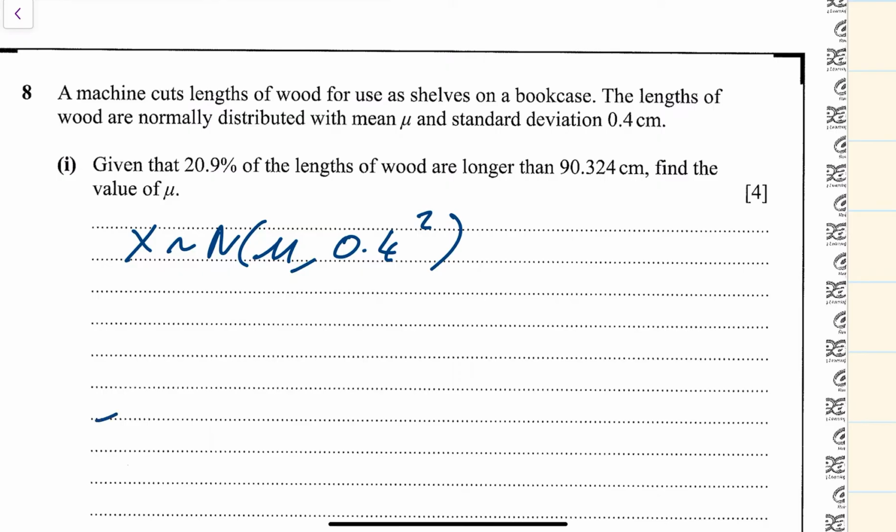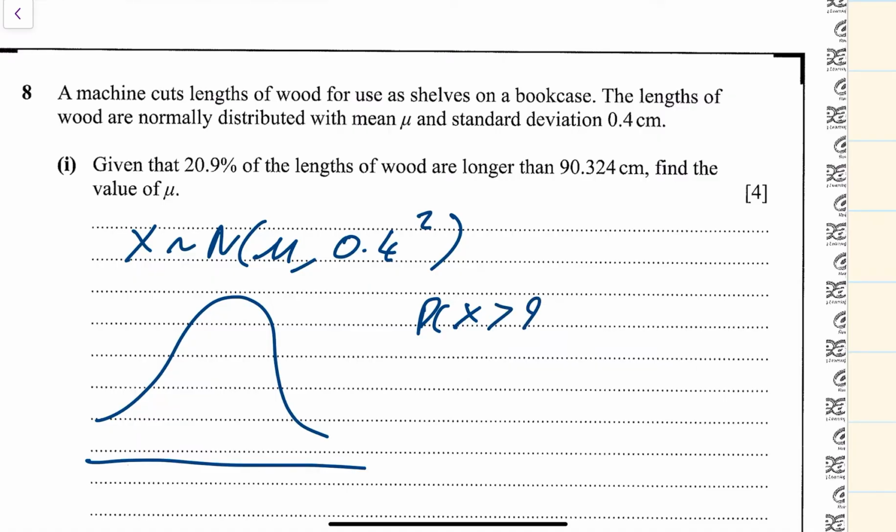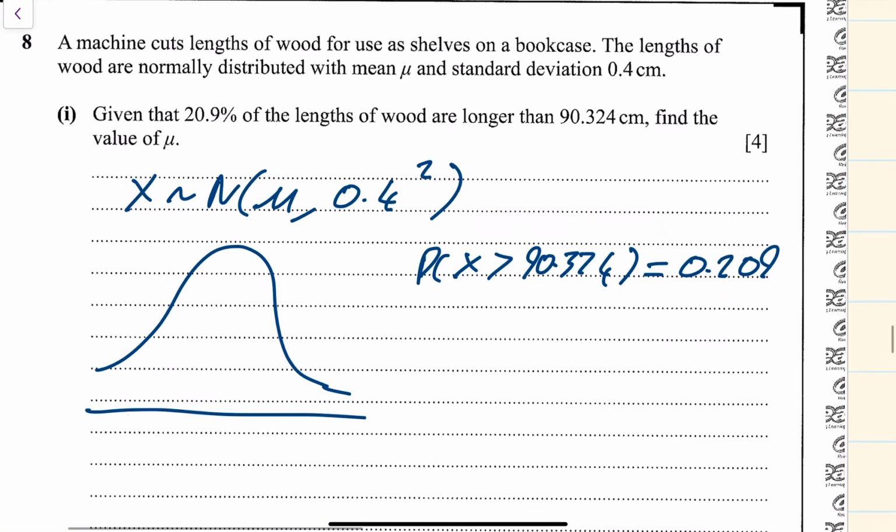It says, given that 20.9% of the lengths of wood are longer, so the probability X is greater than 90.324 equals 0.209, find the value of mu. So there's your 90.324 here, and this is 0.209.